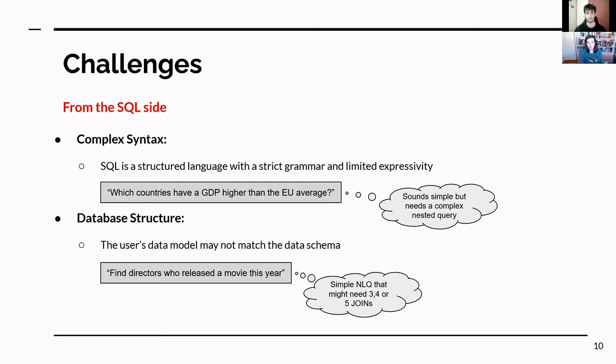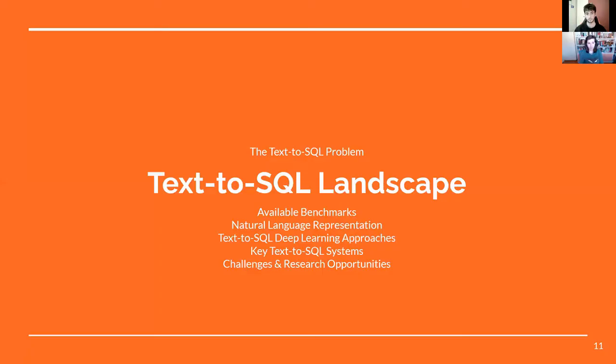The user data model may be totally different from the data schema, how the data is actually stored in the database. For example, when we say find actors who released a movie this year, this may actually be an SQL query that needs to join many different tables in order to bring together directors and movies.